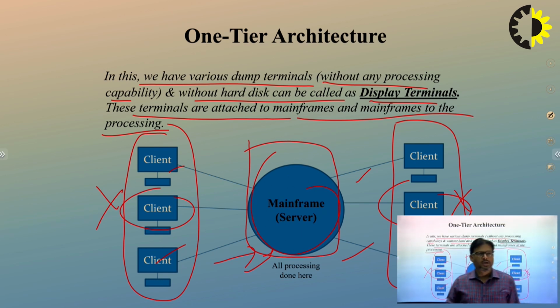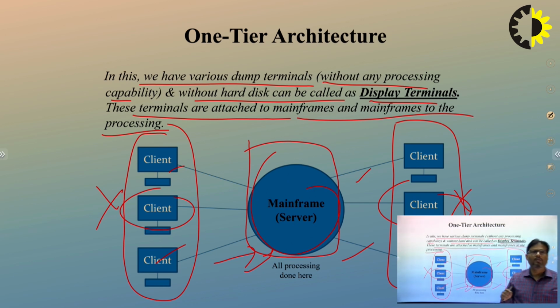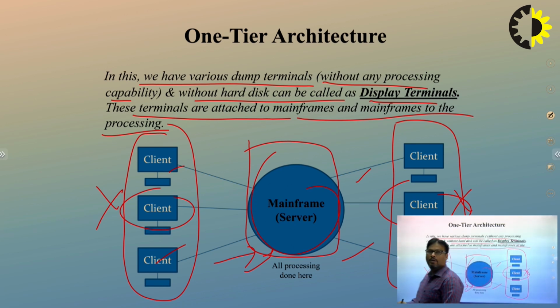These terminals are attached to the mainframe and the mainframe does the processing. Suppose this client machine does not work, no impact will be felt by the mainframe server and the other clients. The other clients will send requests and the mainframe server sends the response. Got it? This process is called a one-tier architecture.